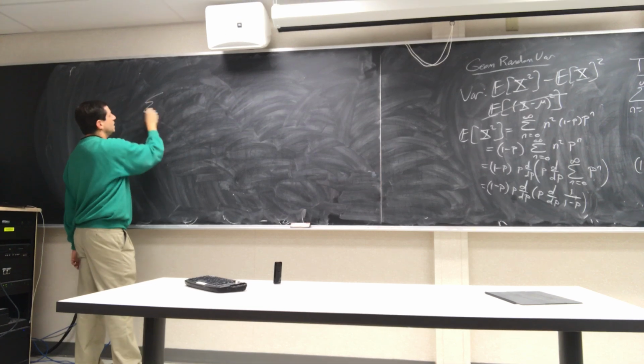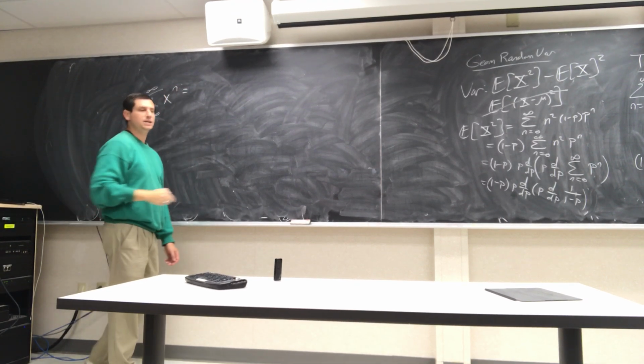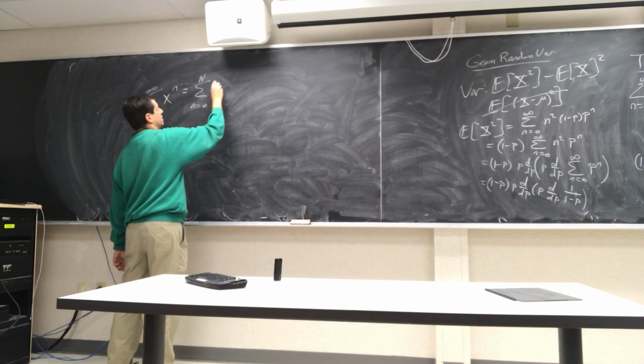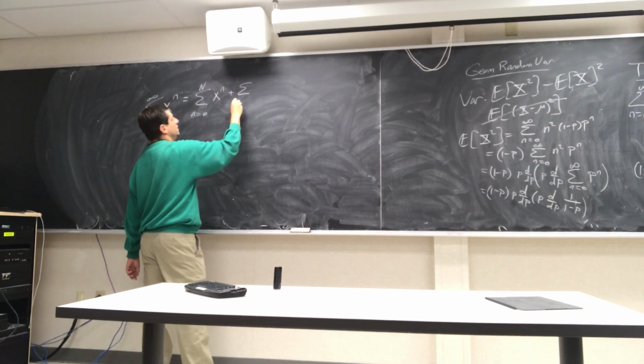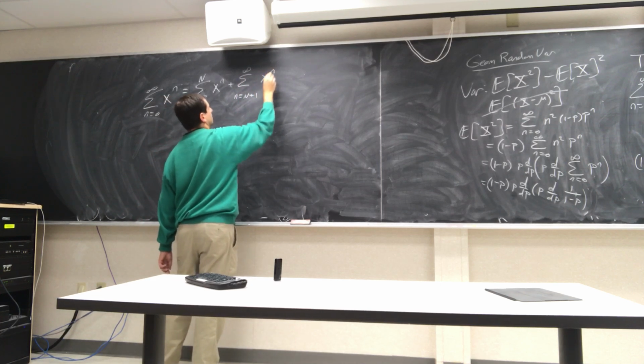So I can write the sum, n goes from 0 to infinity of x to the n. Let's sum this, n goes from 0 to big N of x to the n, plus the sum, n goes from N plus 1 to infinity of x to the n.